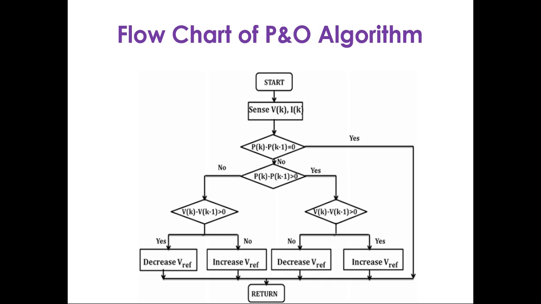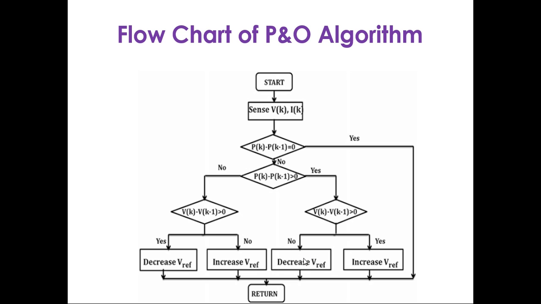So what is our equation? What I spoke: V reference equals V reference (k minus 1) plus or minus c. In this case, the minus c will be introduced over here. In this case, the plus c will be introduced. If we go back over here, if it is yes, then we can decrease the reference.